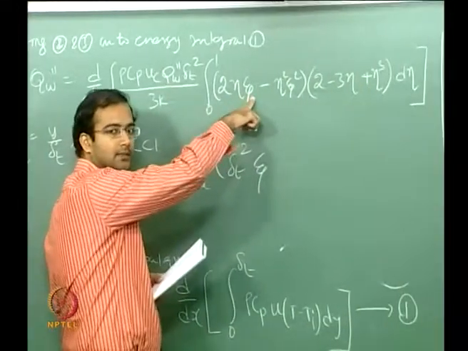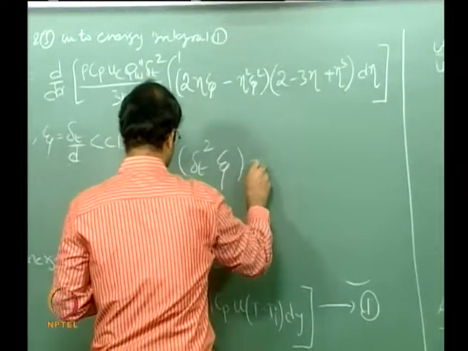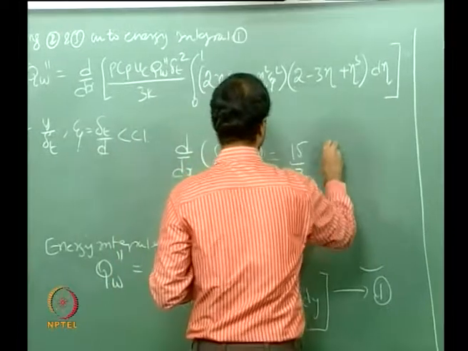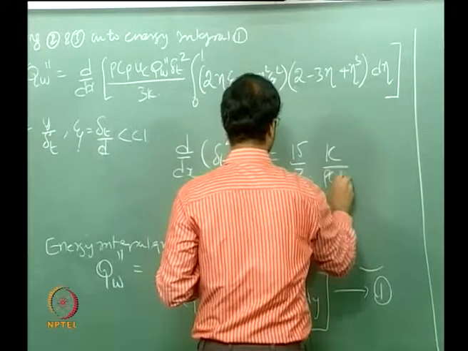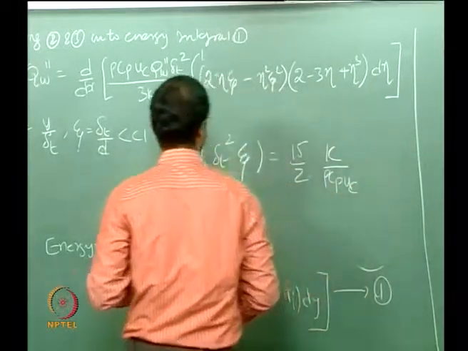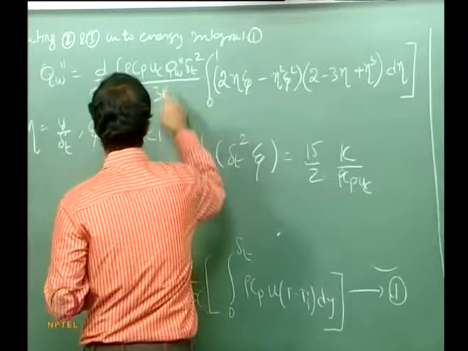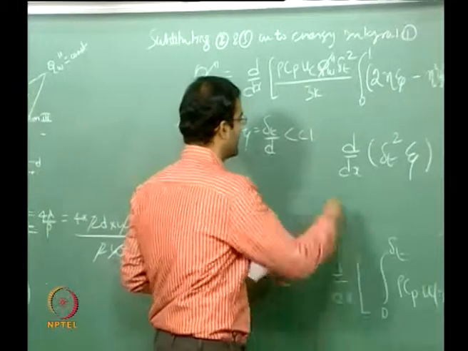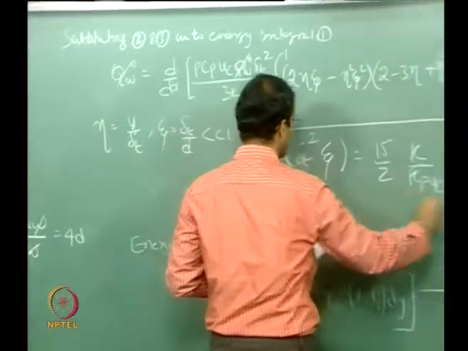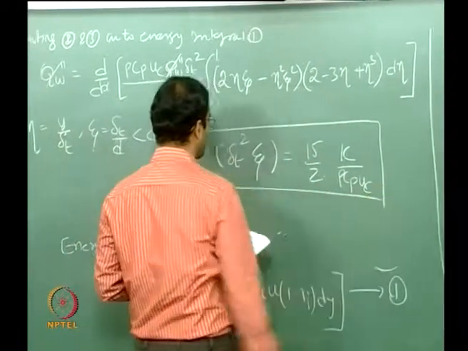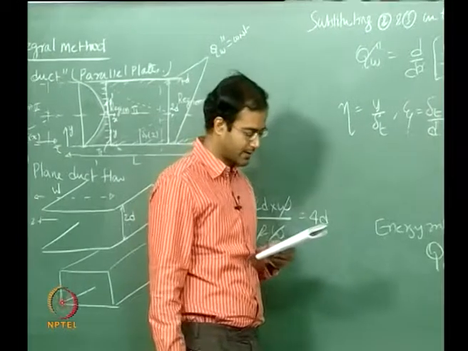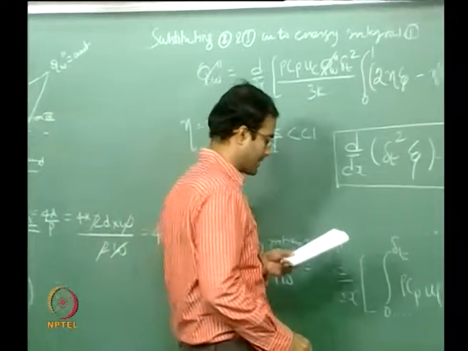So you will still have this zeta here, that will come out as 15 by 2, and you can take k by rho Cp uc on the other side. Okay, so q wall cancels, of course, as it is a constant. So this is your equation for your thermal boundary layer thickness, the variation of thermal boundary layer thickness along x.